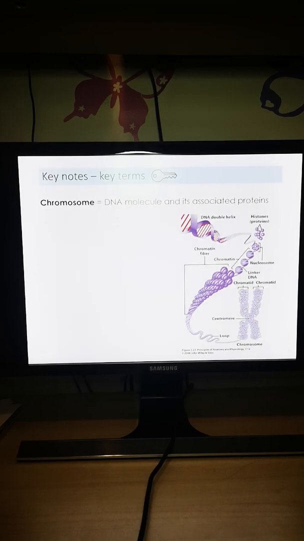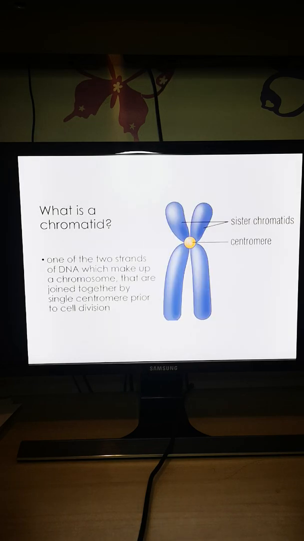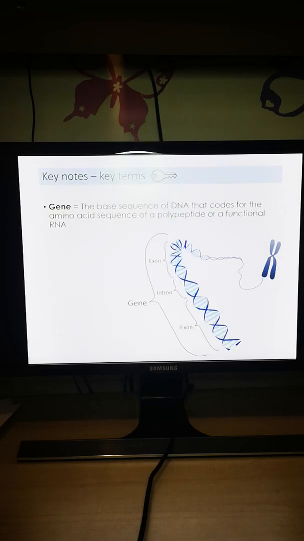Obviously, we call it a chromosome when it's 2 sister chromatids, but when it's just one DNA molecule on its own, wrapped around histones, that's still a chromosome. So when the sister chromatids separate during cell division, we still refer to the individual chromatids as chromosomes at the end of the process.